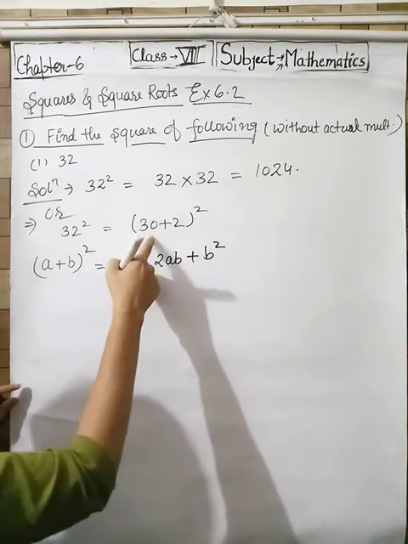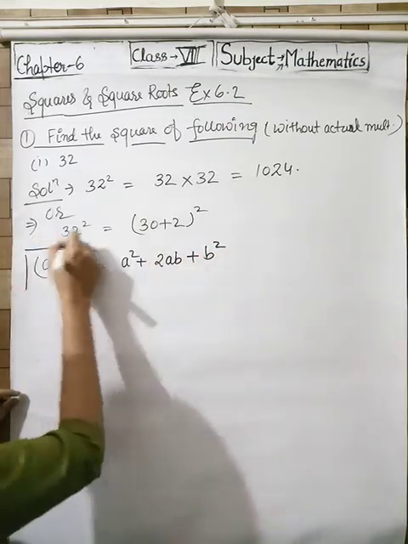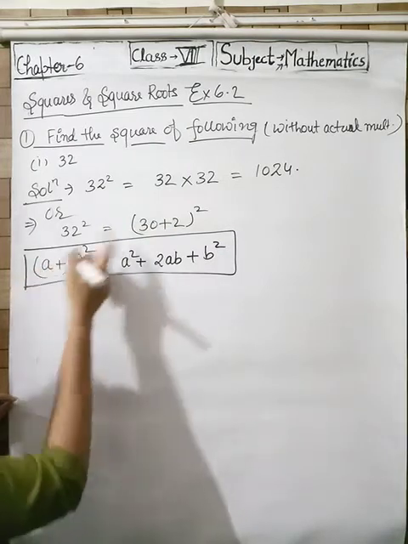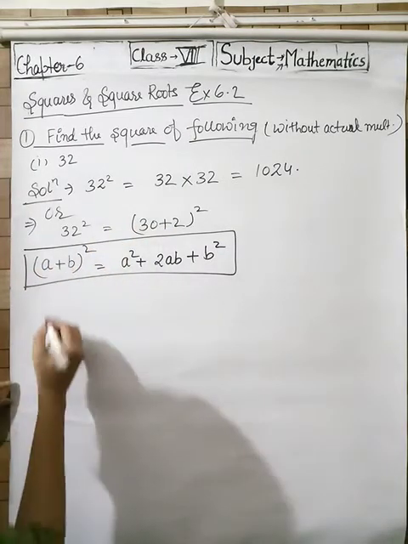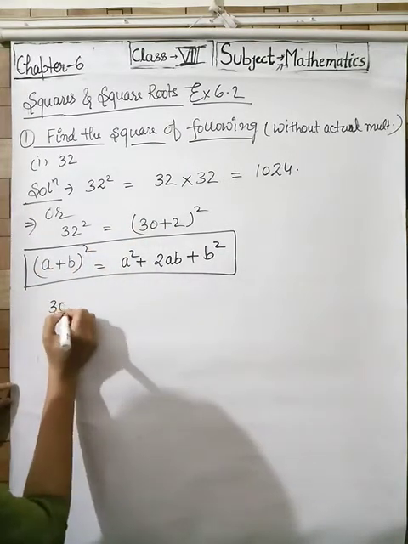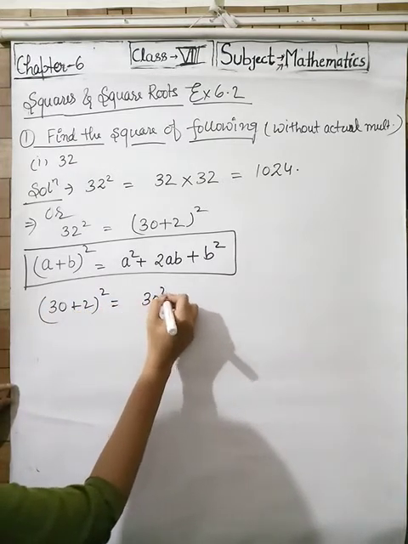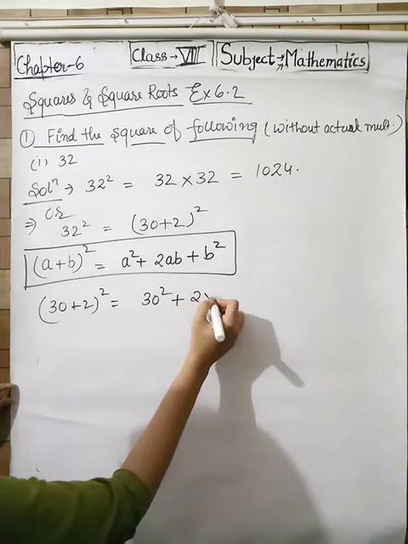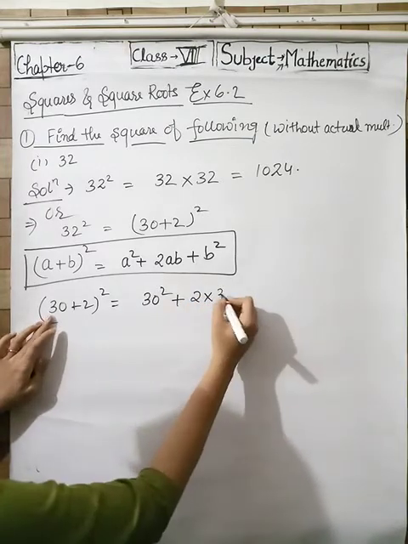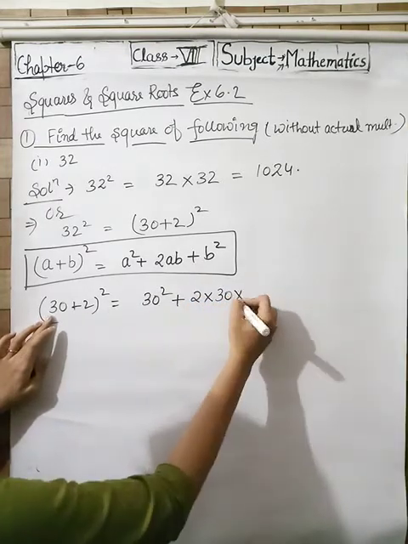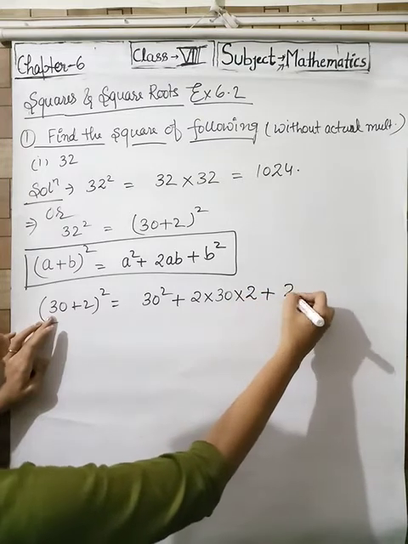We will expand the given number using this identity. So 30 plus 2 whole square will be equal to 30 square plus 2, in place of a there is 30, in place of b there is 2, plus 2 square.